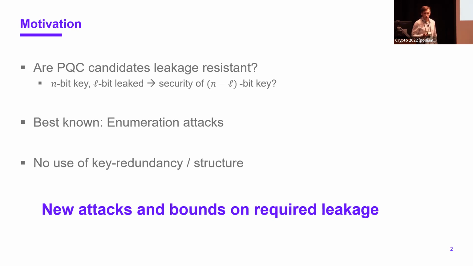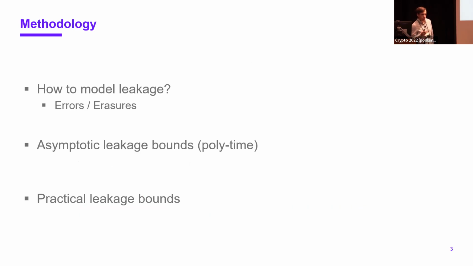So again, let me give a brief overview of our methodology. First, we model the leakage that we obtain from some arbitrary side channel. So how does this leakage look like? Here we differentiate two models. And then in each model, we ask first the question for asymptotic leakage bounds. So here the question is, how big does the leakage have to be to be able to recover the secret key in polynomial time?